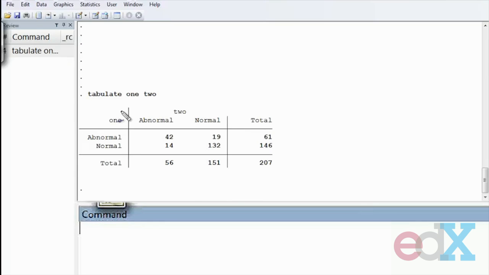The variable 1 is the results of the 1 microgram test, and the variable 2 has the results of the 250 microgram test. Now we can cross-classify these patients. You can see we have 207 total patients, and for instance, 132 were classified as being normal on both tests.